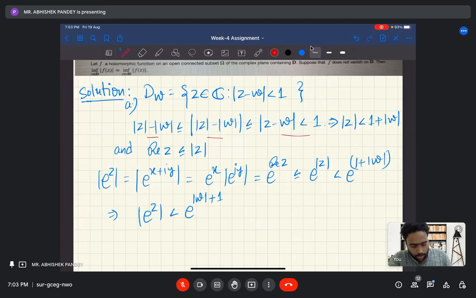As we know, real part of z is less than or equal to |z|.